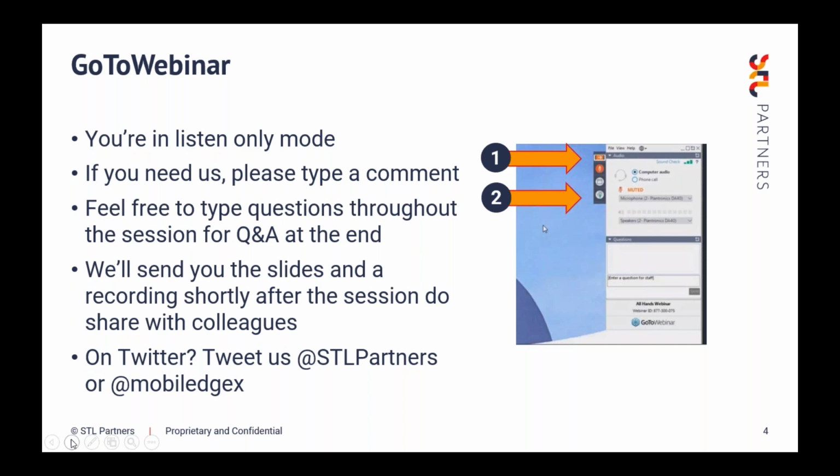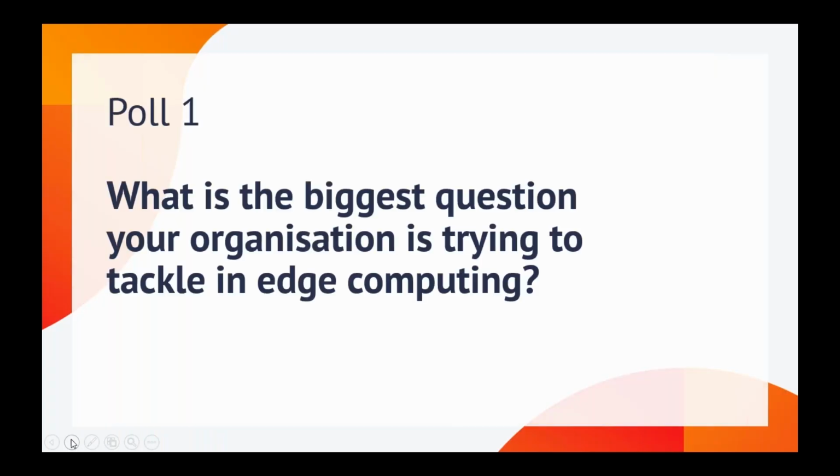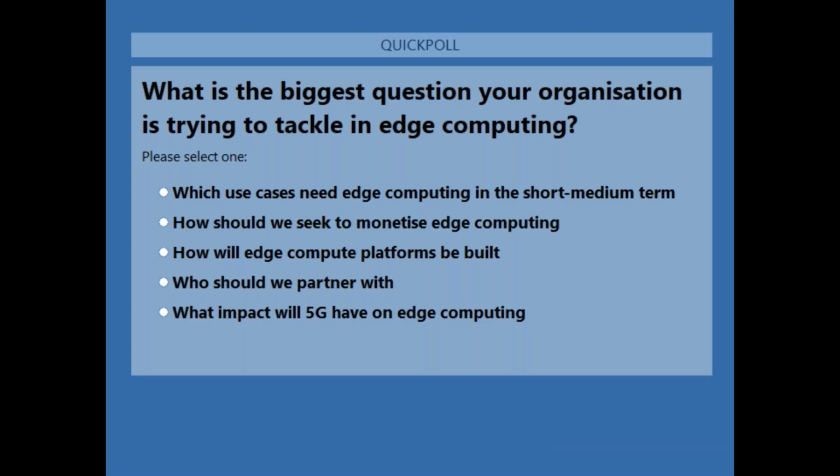Before we get started, I just want to do a little bit of a poll, find out who we've got on the call today. I know a lot of people signed up, so we've already got a good audience building up steam, 70 of you and counting. What I just want to get is a little bit of feedback from the audience on what are the big questions that your organization is facing in tackling, thinking about, evaluating edge computing. So you should have this poll, and we'd like you to select one of these: what are the use cases that are going to drive edge computing in the short term?